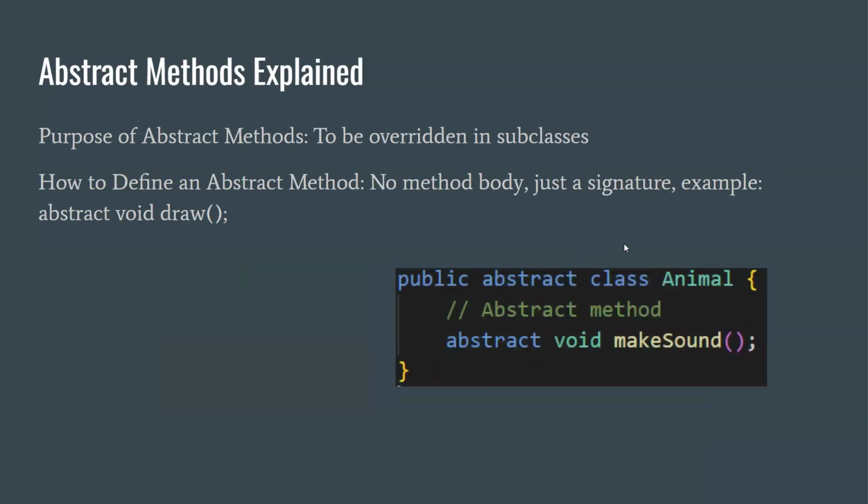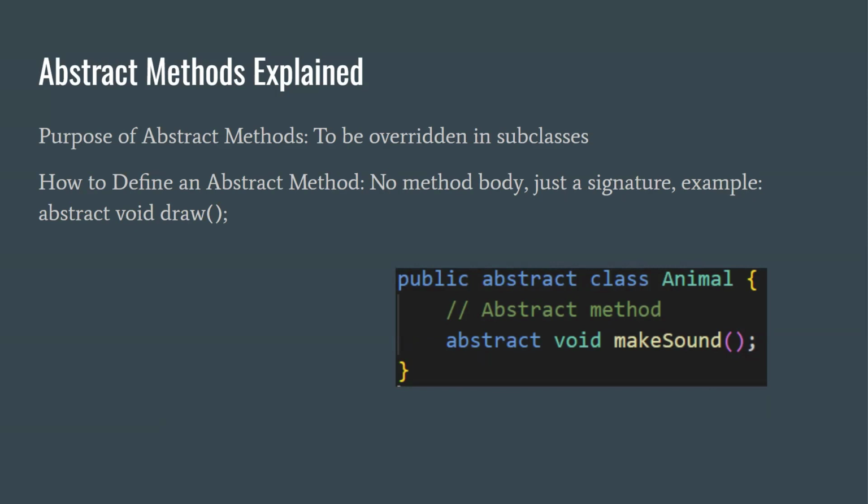A little bit more on abstract methods. So abstract methods are methods in an abstract class that only have a declaration and no implementation body. They are declared with the abstract keyword and must be implemented by any subclass.